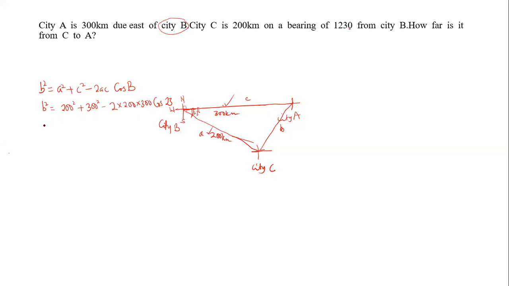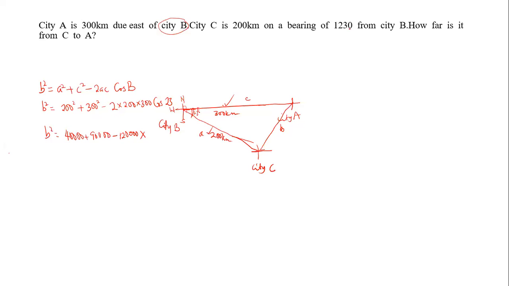So b squared equals 200 squared, that's 40,000, and then 300 squared, that's 90,000, minus 2 times 200, that's 400, times 300, that's 120,000, multiplied by cos 23.